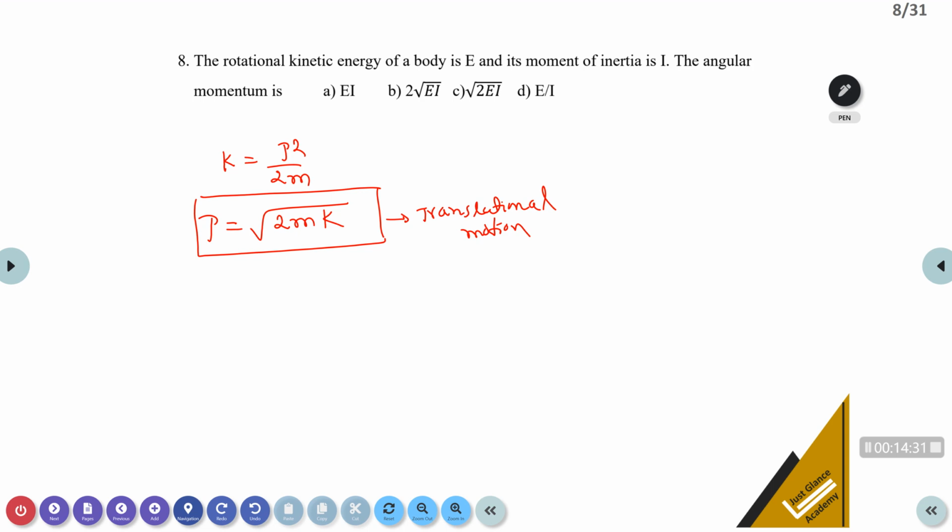But in rotational motion, the P equivalent term is L.